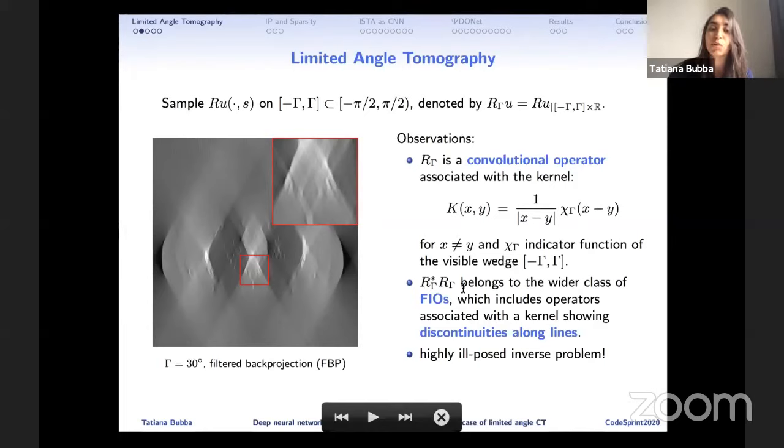And the normal operator, R star gamma R gamma, is no longer a pseudo-differential operator, but the striking artifacts that you see here are discontinuities that follow this line, and this line has the same slope as the visible wedge. For this reason, the normal operator is a Fourier integral operator, which is a wider class of operators, which includes also discontinuities along lines. All in all, what happens with limited angle tomography is that compared to standard tomography, this is a highly ill-posed inverse problem.